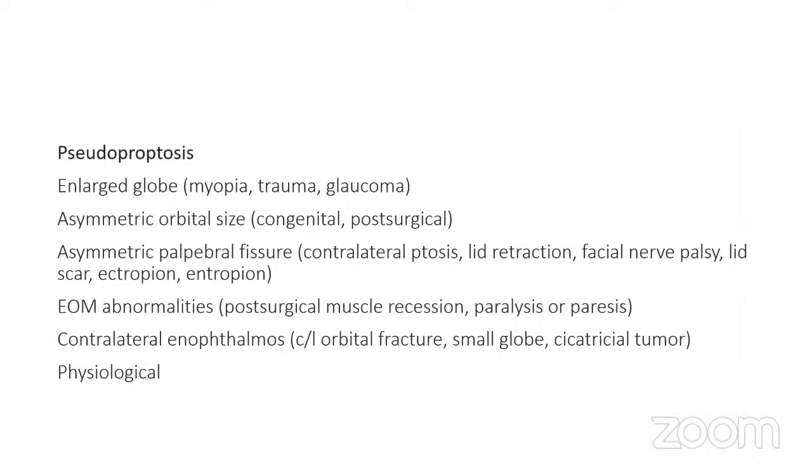So coming to the next term, which is pseudoproptosis. In case of enlarged globe, like myopia, trauma, or in glaucoma, in case of an asymmetrical orbital size because of congenital or post-surgical retraction, then in case of asymmetric palpebral fissure, where there is contralateral ptosis or lid retraction or facial nerve palsy, lid scar, ectropion or entropion, then in case of extraocular muscle abnormalities like post-surgical muscle recession, paralysis or paresis, and in case of contralateral enophthalmos, where there is a contralateral orbital fracture or small globe or cicatricial tumor.